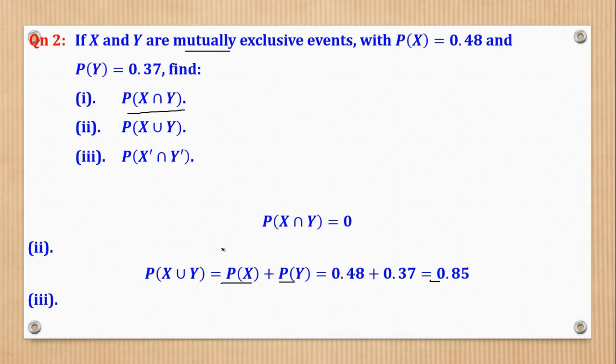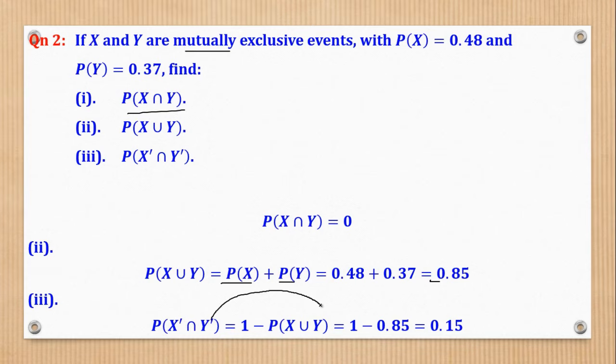Then for Roman 3, this one, like I said, this was under De Morgan's law. So De Morgan's law means that if this complement comes out, then this sign has to change to this. Now, why aren't we showing the complement here?